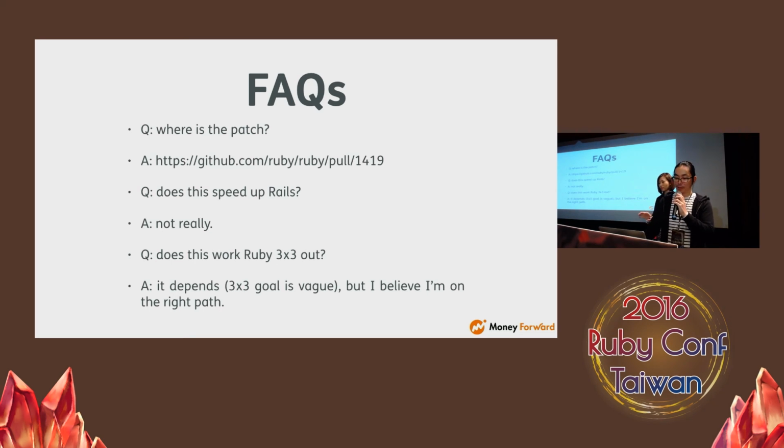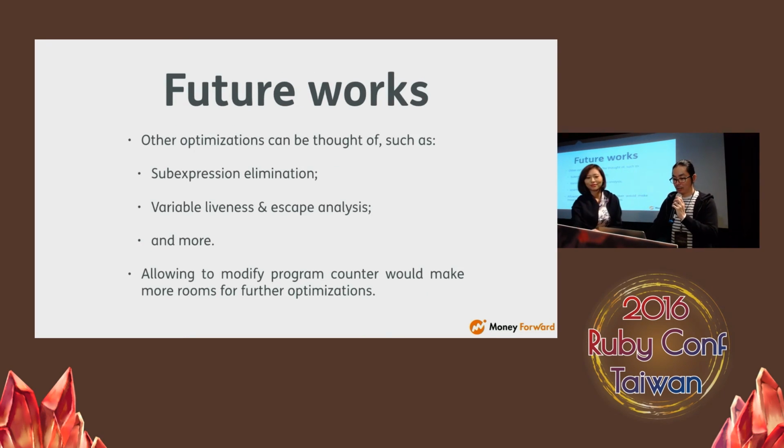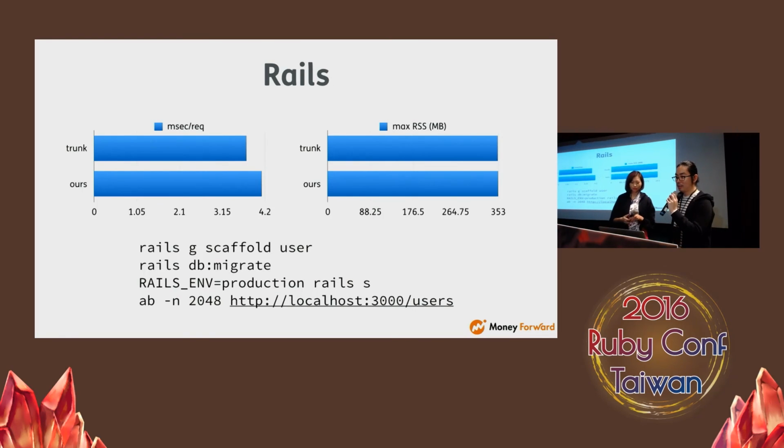But one thing, I tested this using Rails. I tried running Rails on this very laptop, and got this result. It seems there is only overhead, and no optimization was in effect.